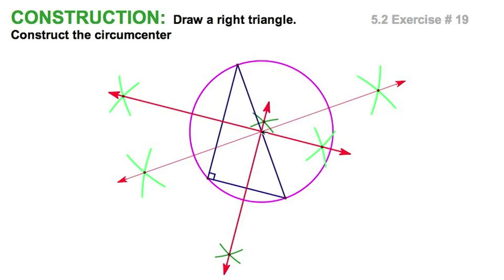In this case, the circumcenter in the right triangle is on the hypotenuse. And more specifically, it's actually on the midpoint of the hypotenuse. And we'll learn a lot of really neat stuff about that when we get to arcs and circles, and I guess even right triangles. So there you go. The circumcenter is the midpoint of the hypotenuse in a right triangle.